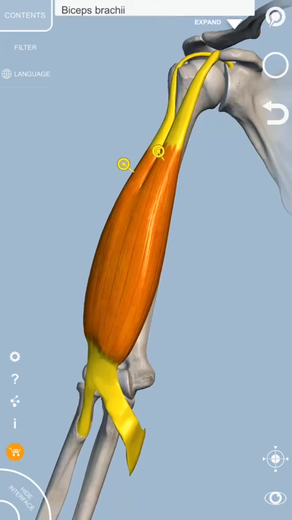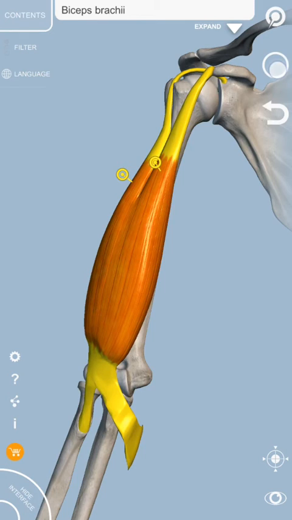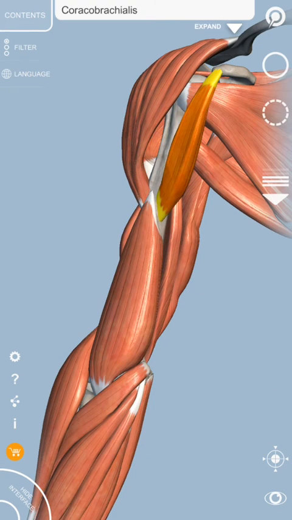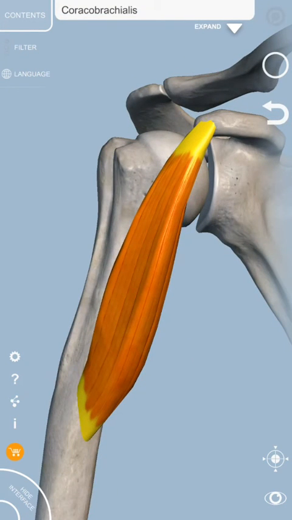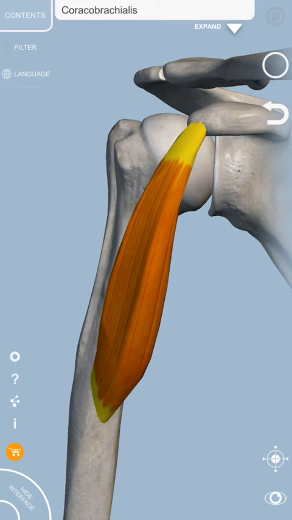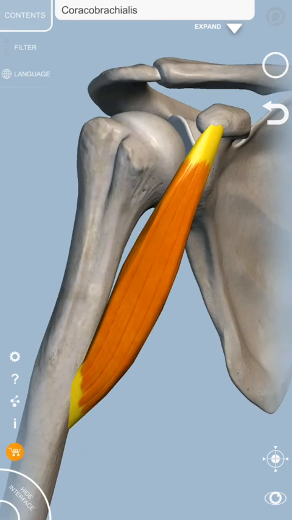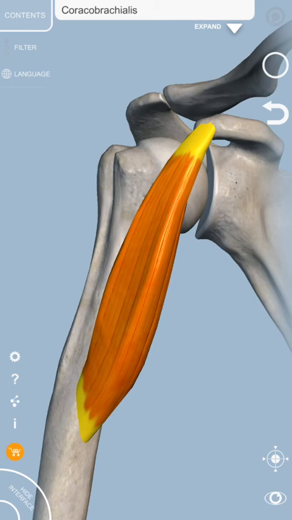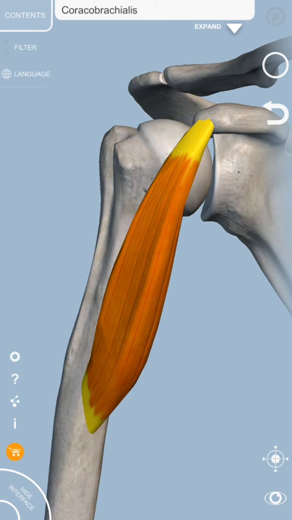Another muscle we can see here is coracobrachialis. This muscle is coracobrachialis. I call this coracoid process a short process. I add the adjective short to the word coracoid. Why do I call it a short process?